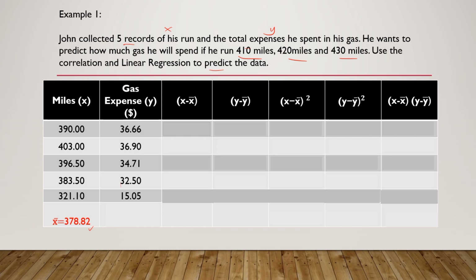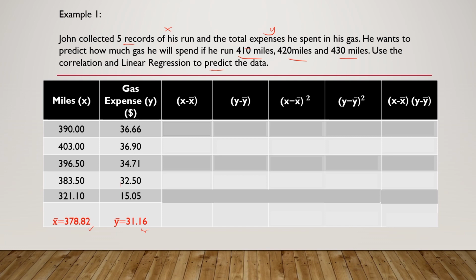Same process: just the summation, then get the average. So y bar is equal to 31.16. This is rounded to 2 decimal places. All the values here are rounded off to 2 decimal places.